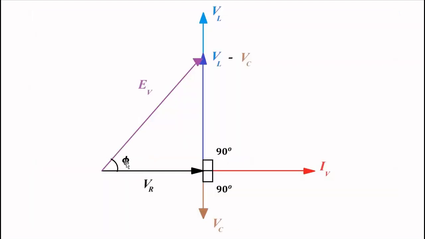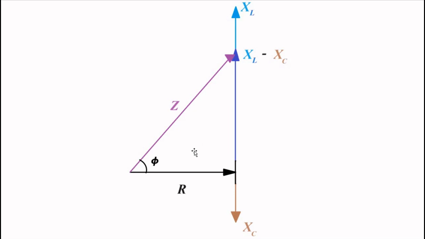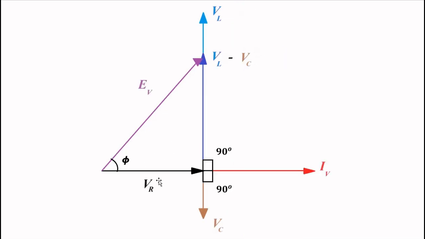You can also take it in this way. Here we are considering the impedance triangle, R by Z. If we consider the voltage triangle, it will be VR by EV.